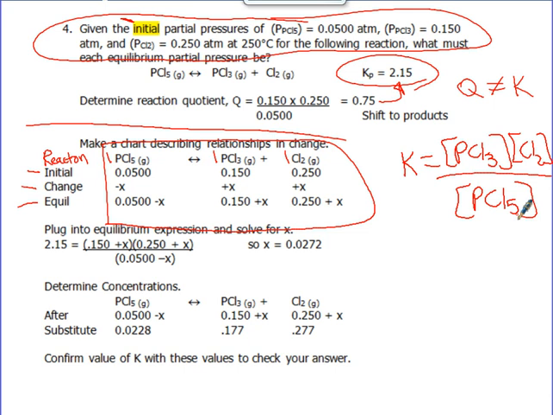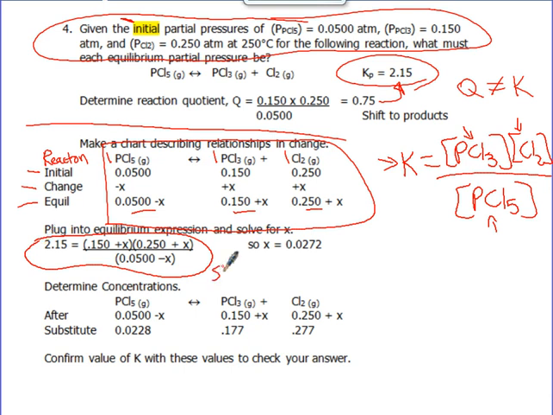And then I'm going to take these 3 values for x and put them into these 3 spots, and I'm going to use my K. And I have all 4 pieces. 2.15 is K, this is the PCl3, this is the chlorine, this is the PCl5, in terms of an algebraic expression. You have to figure out how you're going to solve that algebraic expression.